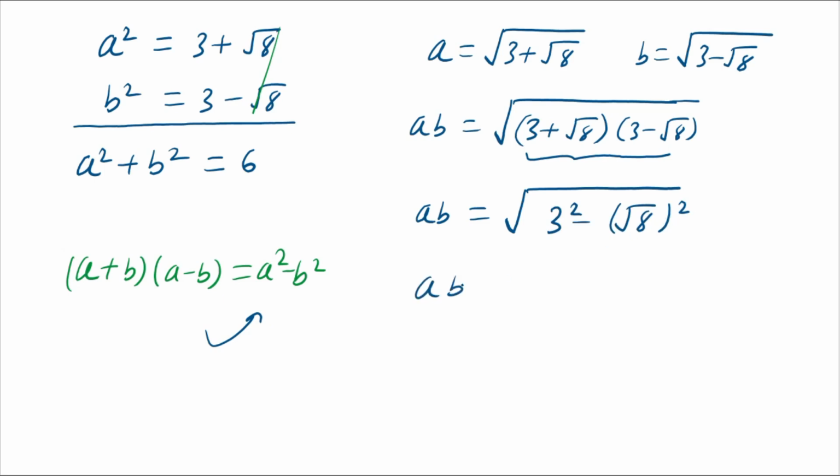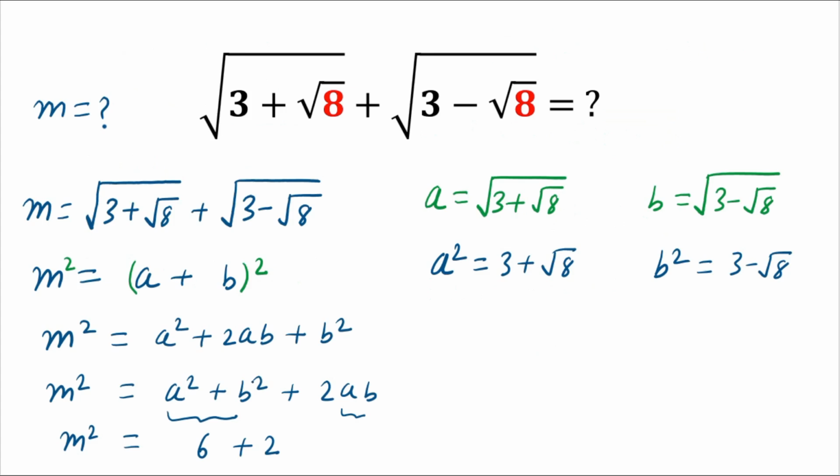The square root is cancelled out by the square, so 3 square is 9, minus 8. A times b is equal to square root of 9 minus 8, which is 1. So square root of 1 is 1. So the value of a times b is 1.